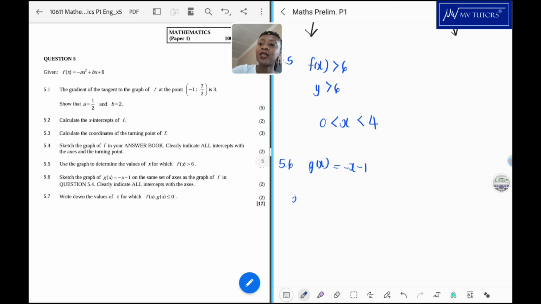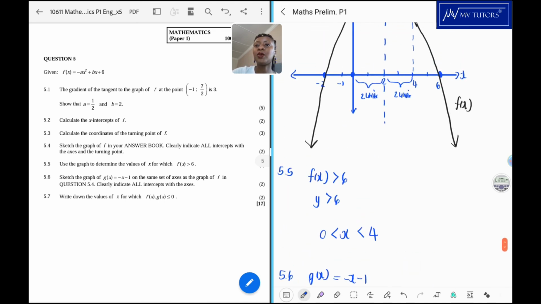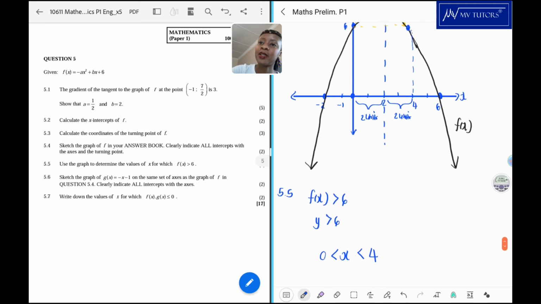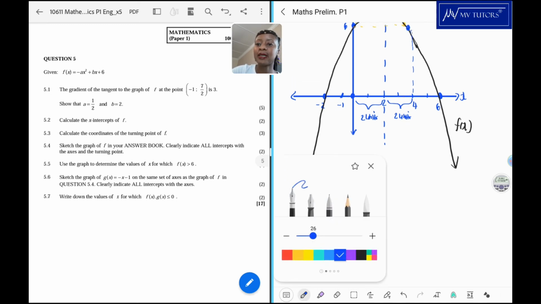So the x-intercept, where y is equal to 0, I'm going to get 0 is equal to minus x minus 1, therefore x is equal to minus 1. And if I get the y-intercept, I know that x is equal to 0, so y is equal to minus 1.